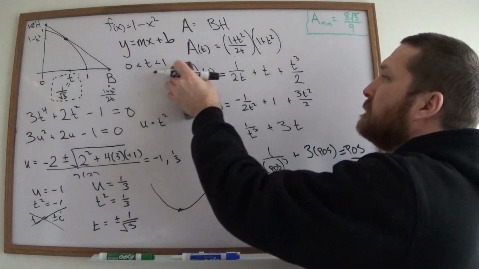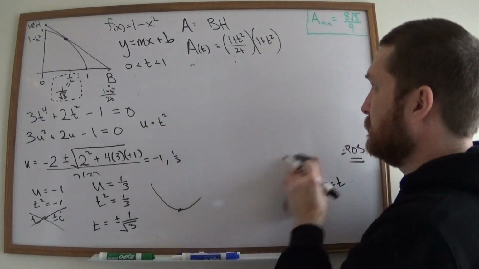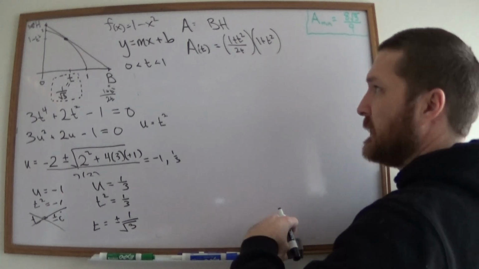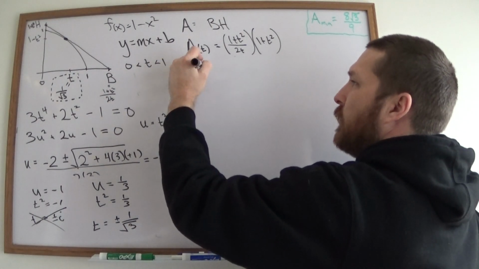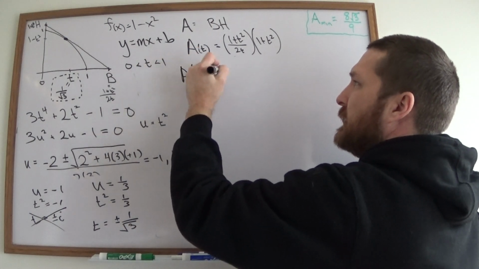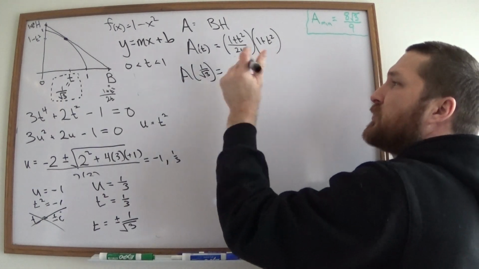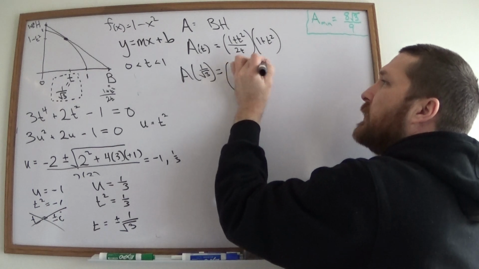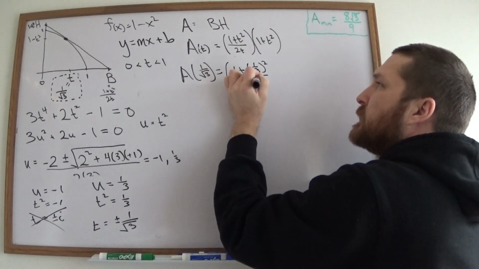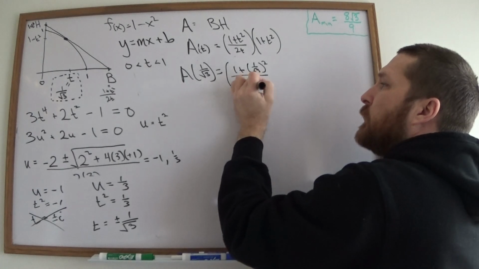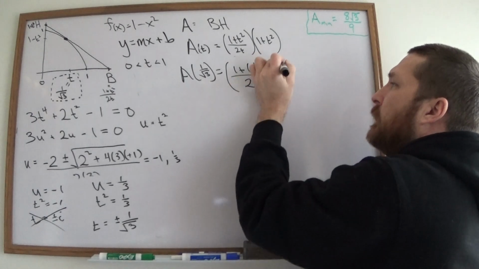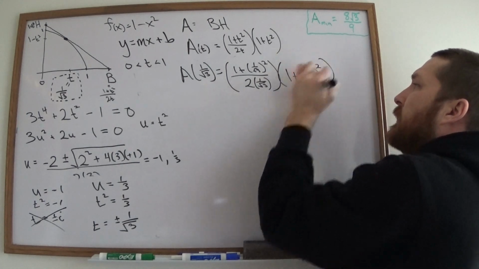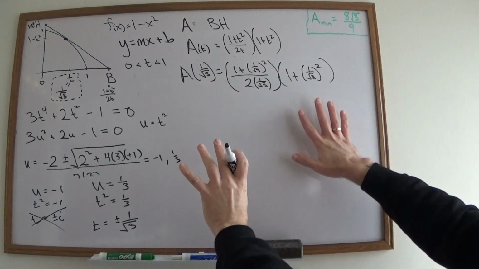Let's do it. All right, so A of 1/√3 is, just plug it in: (1 plus 1/√3) squared over 2 times 1/√3. Let me make sure I did that right after all this work.